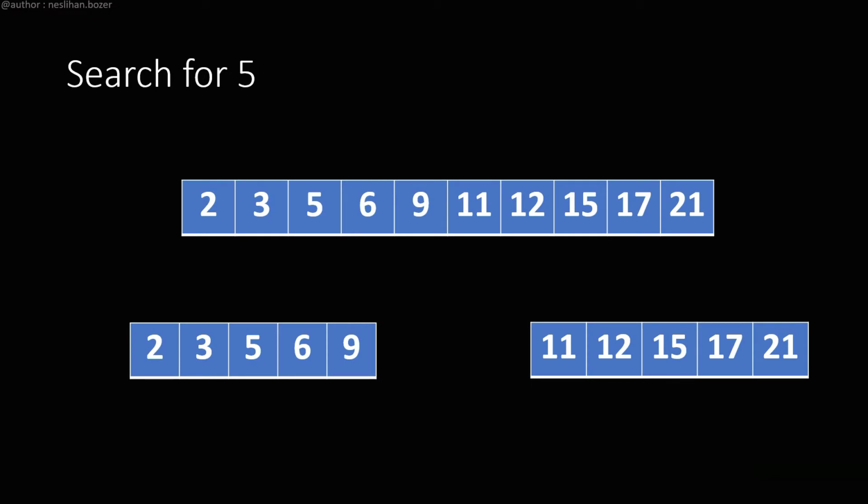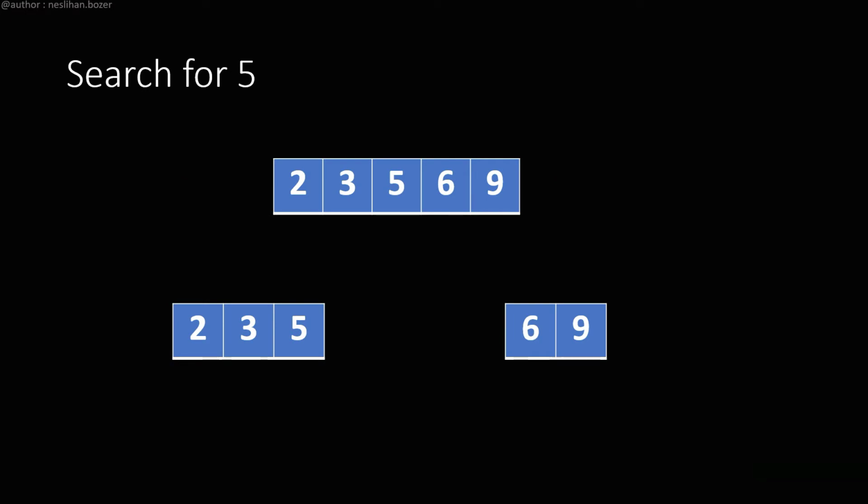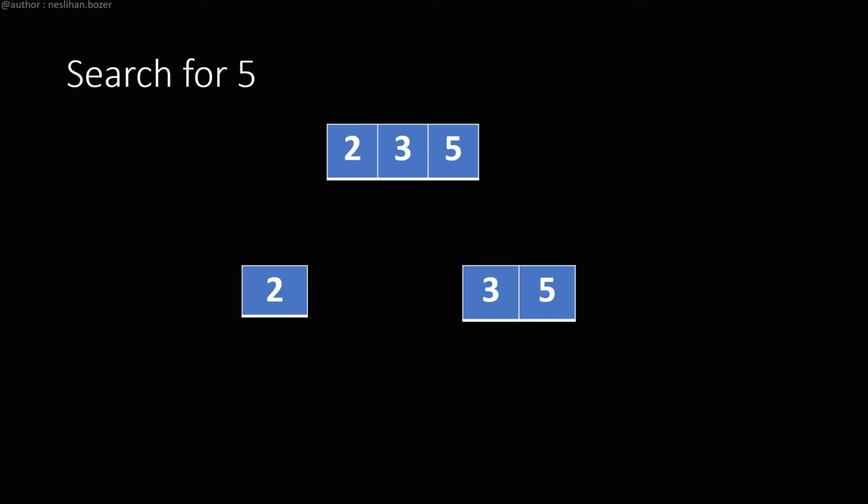For this given array, let's search for 5. We divide the given array into 2 pieces. The first array ends with 9, and we need to check the first array because 5 is included in it. Then we keep dividing the array and continue our search with the first array again because 5 is included in it.